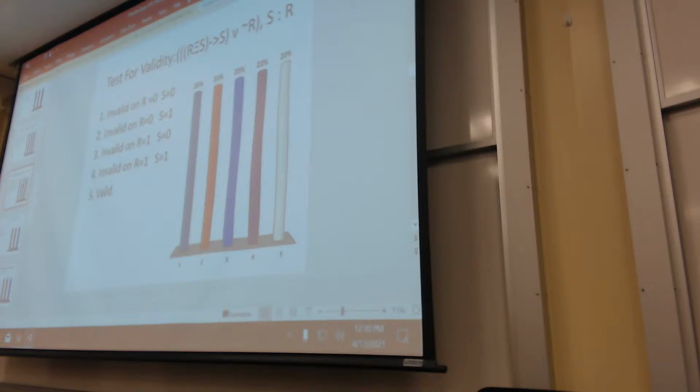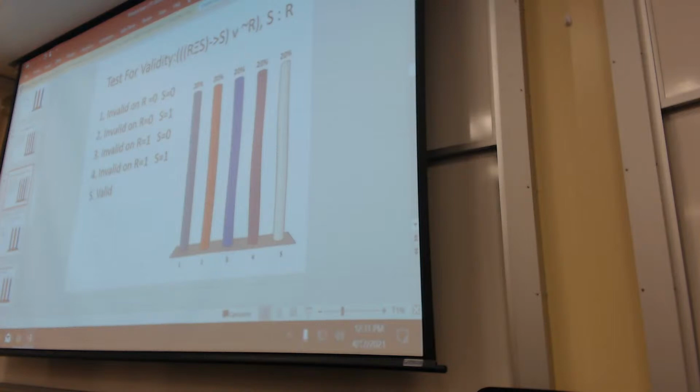So let's say instead of this problem, I gave you something like this. You probably couldn't do that on truth assignments because you're only going to get a value for S. You're going to have to do a lot of work trying to figure out what R could or couldn't be in these other two premises.